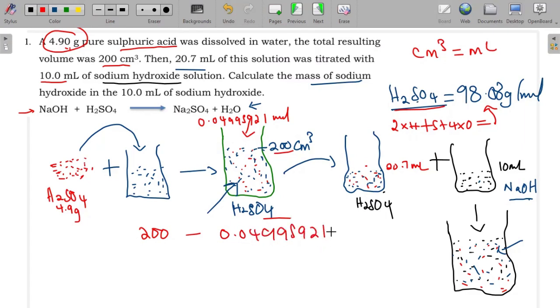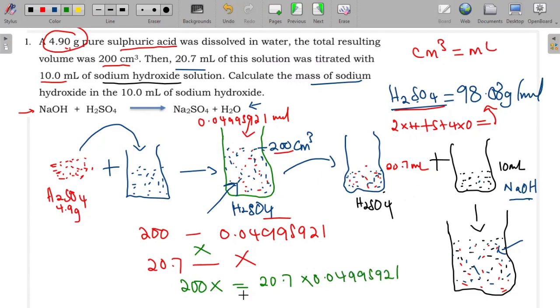What about if I have this volume now, 20.7? How many moles am I going to have here? So x, and then from there, just cross multiply. So this will be 200x equals 20.7 multiplied by 0.0499591. To find x, we divide this side by 200, and this side by 200.